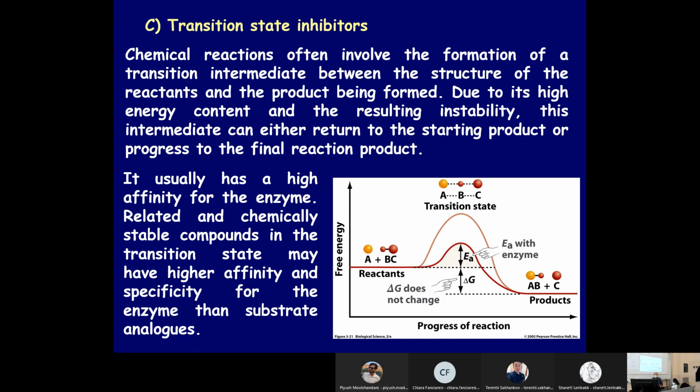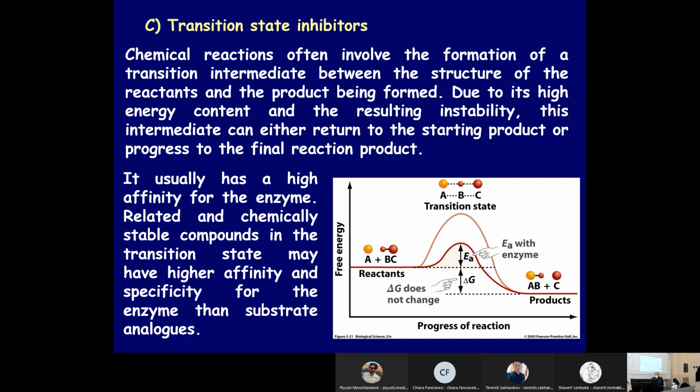Normally, the transition state has the same chemical features of the starting point and the same chemical features of the products mixed together. You know that the transition state is not stable.